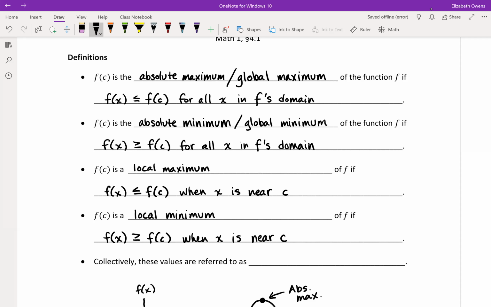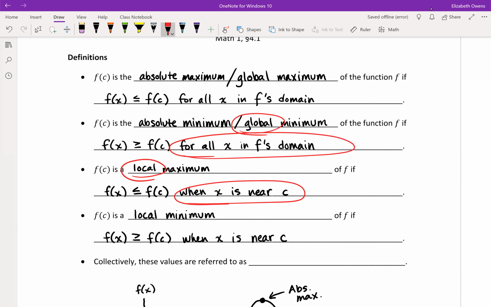Okay, because that really emphasizes the difference between a local and global. Local is just in the little neighborhood. Global is for everything, like on the whole planet that is this function, if you want to think of it that way. So all the x's in the domain, that's like the whole world of this function f.